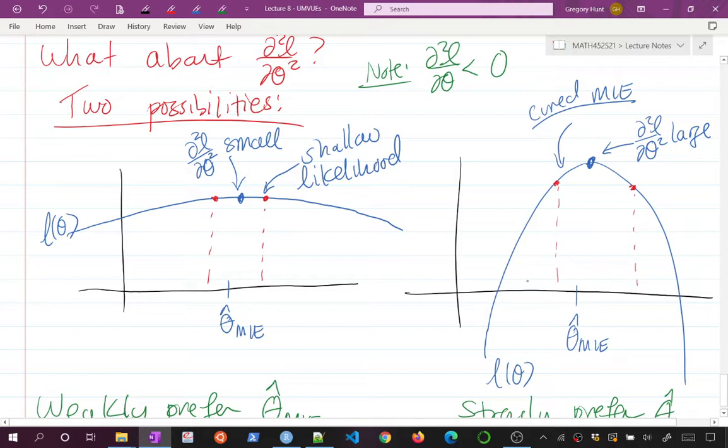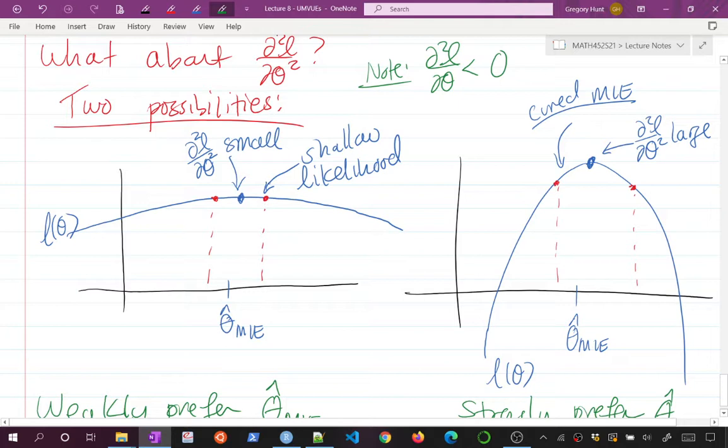In the strongly curved case, we have a large second derivative, and it's telling us that we have a lot of information in our data about where θ should be, and so we strongly prefer one value over another because we have a lot of information that it should be right here at the MLE and not slightly off of it.